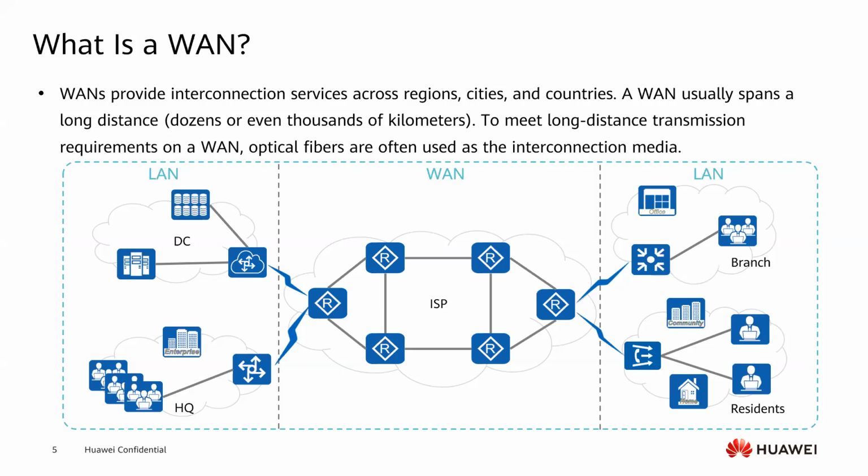WAN is basically defined by distance. If a network provides interconnection services across regions, cities, countries, etc., over a long distance area, that network is what we call a WAN.